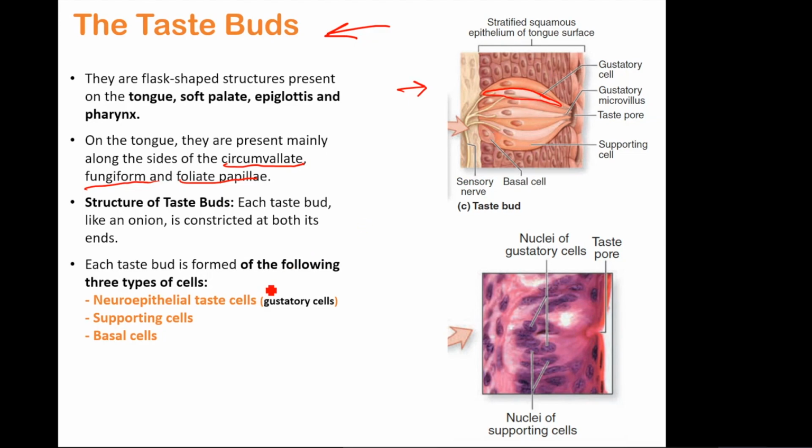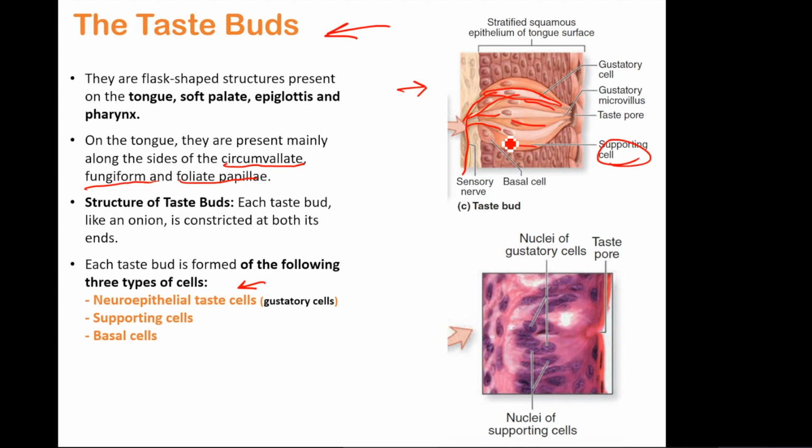You can call it a neuroepithelial taste cell because there are nerve endings, as you see here, lodged there to carry the taste as a sensory nerve. So these are the gustatory cells, or neuroepithelial cells, guys, supported by other cells. These cells are supporting cells, like this, this, and this.